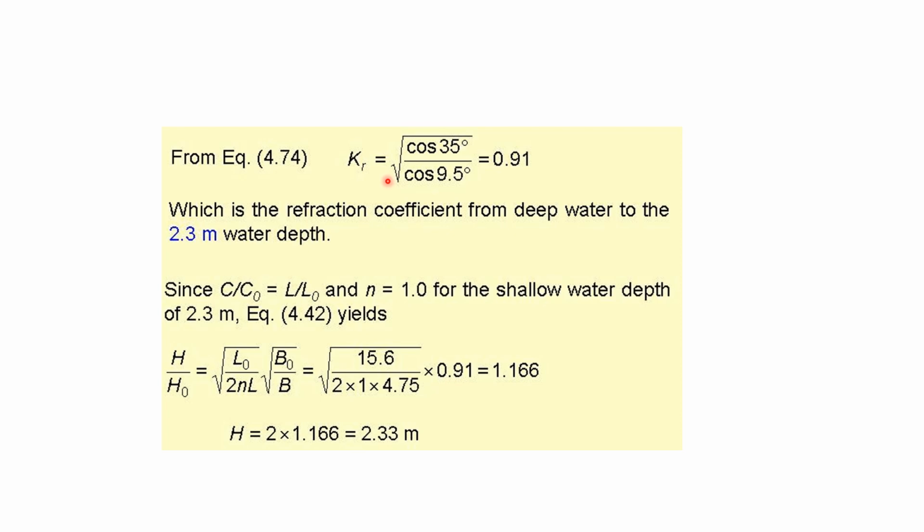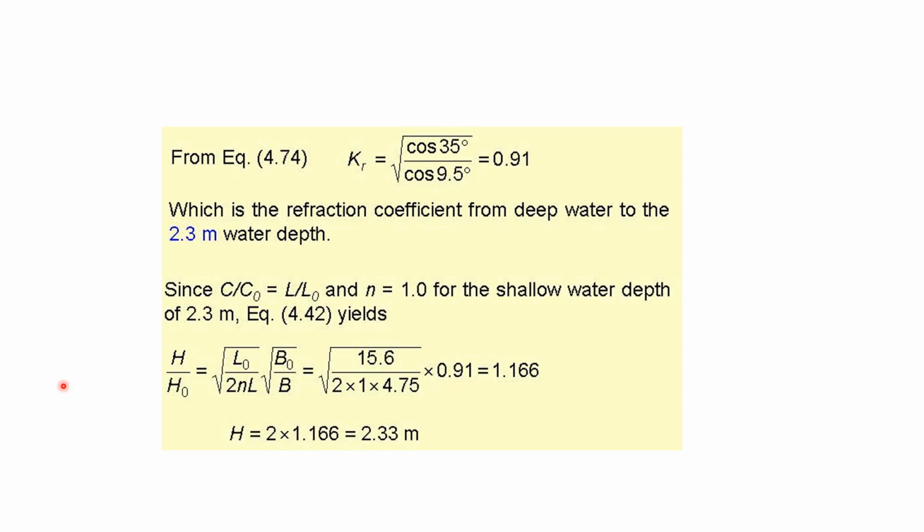So in order to determine the wave height at this particular location, we now apply the complete equation, which is made up of the shoaling coefficient multiplied by the refraction coefficient in order to give us the change of the wave height compared to the deep water wave. We have discussed how to obtain the value of the shoaling coefficient, which basically is the L naught, L and N values.